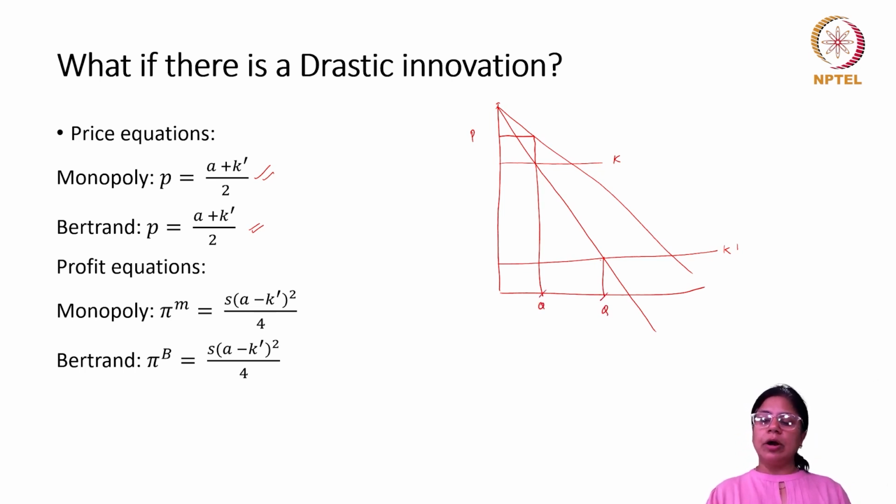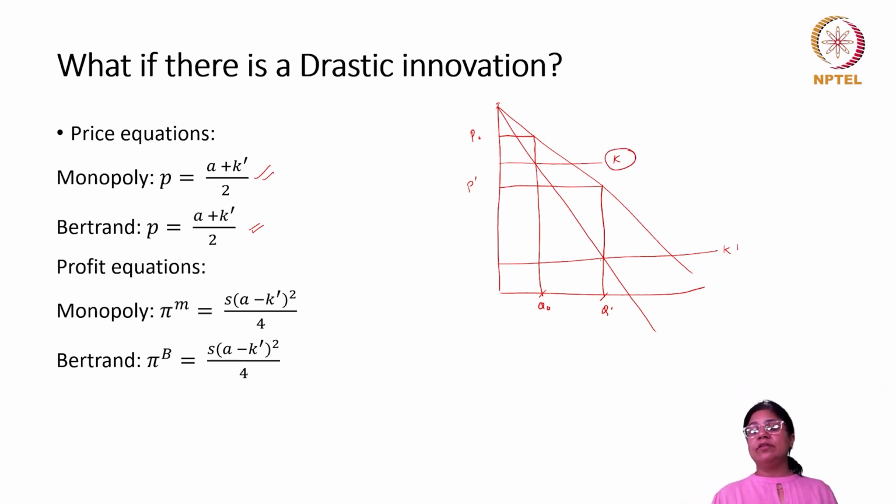Once it decides how much output to produce, it will go with the price to be charged in the market depending upon the demand circumstance. And here you can see that the new price, that is P prime, is lower than the cost K.